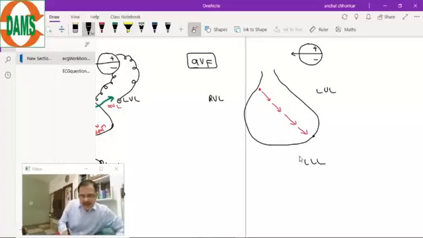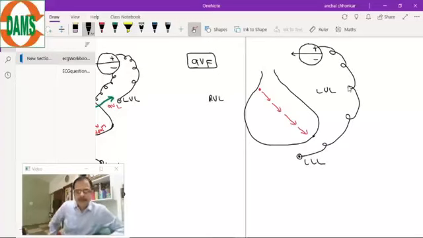From the left lower leg, we will take a wire and attach it to the positive pole. The right upper limb and left upper limb are the remaining limbs, so their combination will be used as a reference electrode.